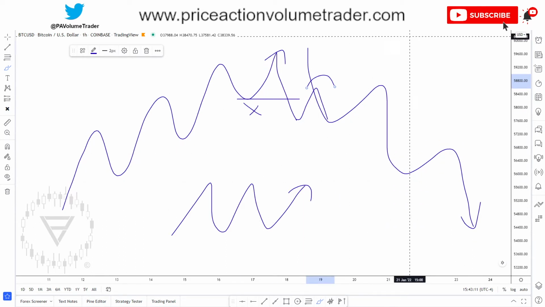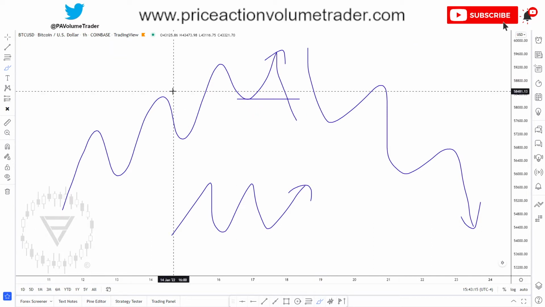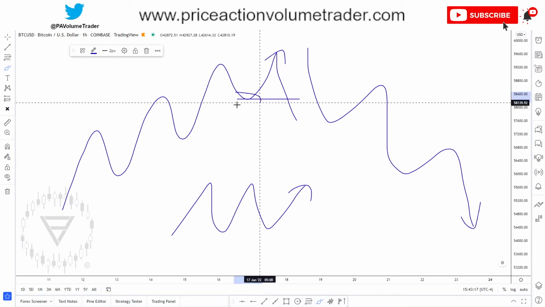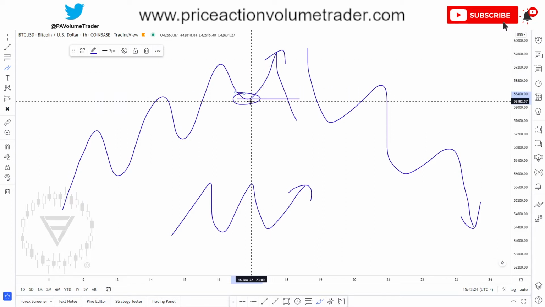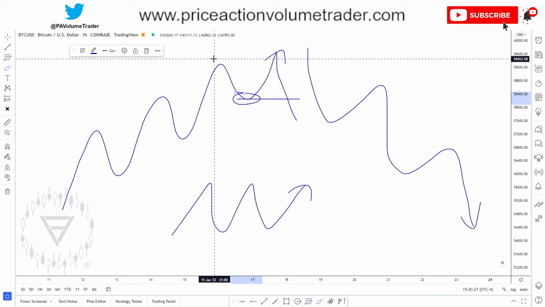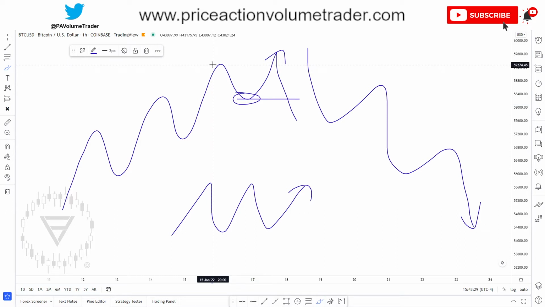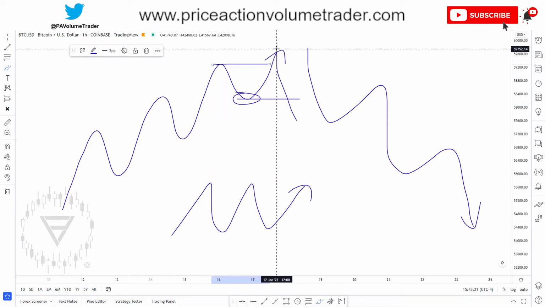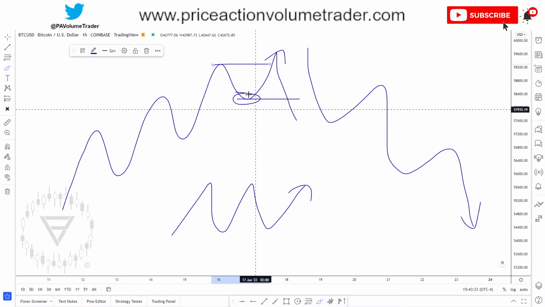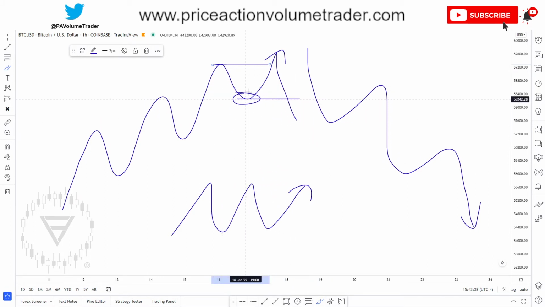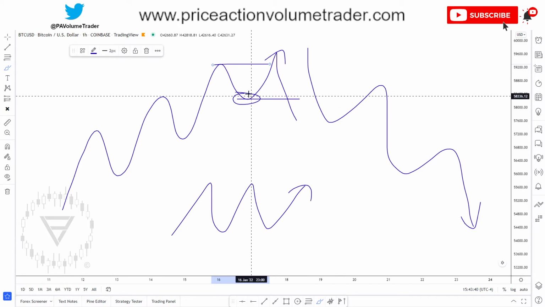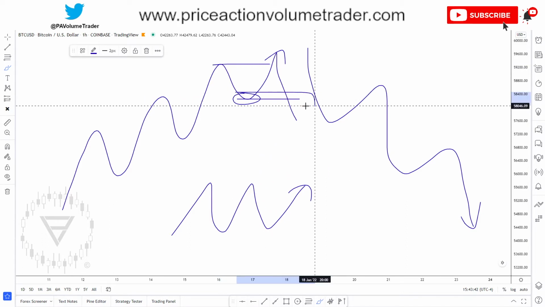Okay, so pretty much the concept of the breaker is focusing on these areas, meaning it's the last down move before price went up and broke the previous high, and then price would come down and break below this block or consolidation or demand, whatever you want to call it, this general support area here.